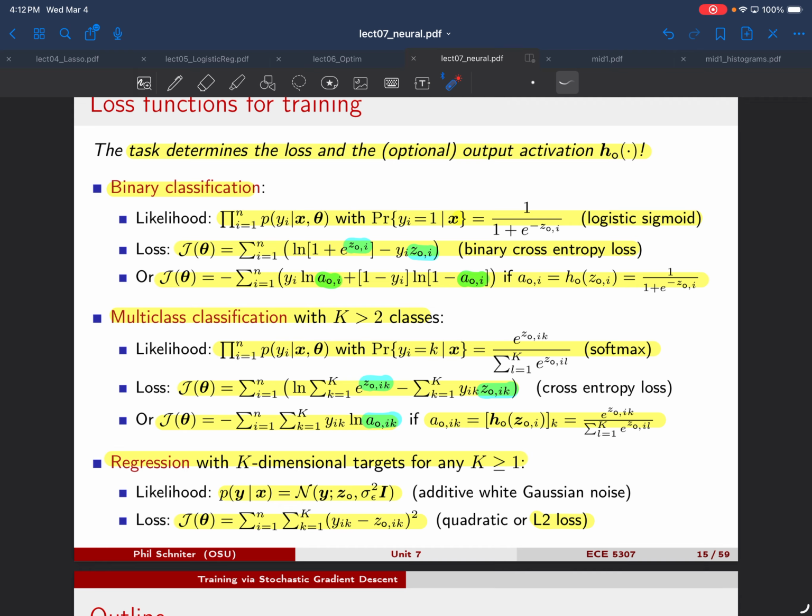And then for multi-class classification, the standard thing to do is, again, cross entropy. But once again, we have to make a distinction between whether we are defining the loss based on the linear outputs of the last layer or on the softmax outputs. And then for regression, a popular loss would be L2 loss, but you could also use L1 loss or something like that.